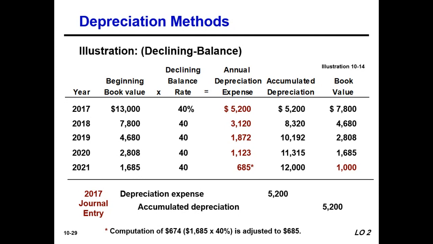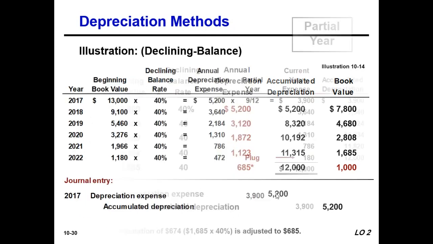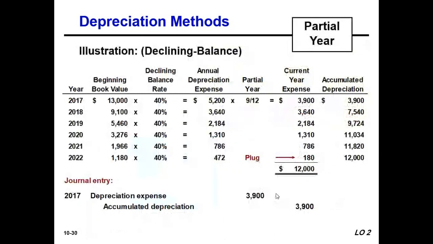So let's compare these three methods. Okay, this is for a partial year. We already know how to calculate for a partial year. If you purchase an asset on April 1 instead of January 1, then only 9 months are applied, right? And you have to plug in the last year to make total depreciation 12,000. 180 is just a plug-in.